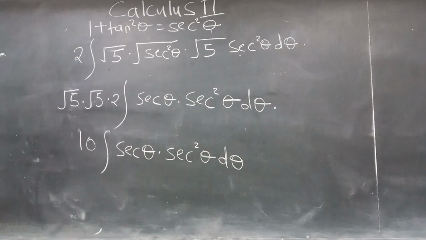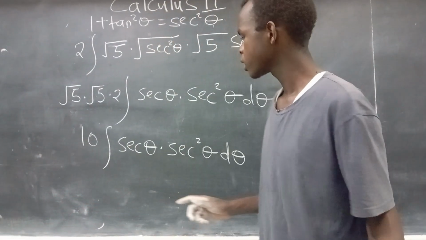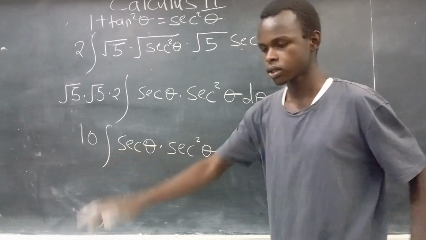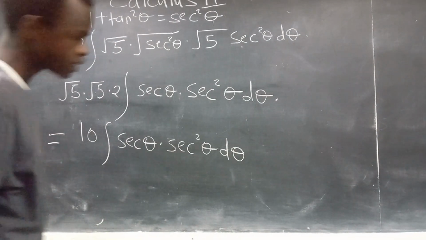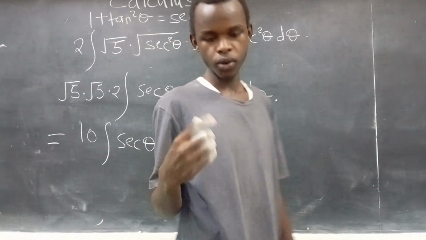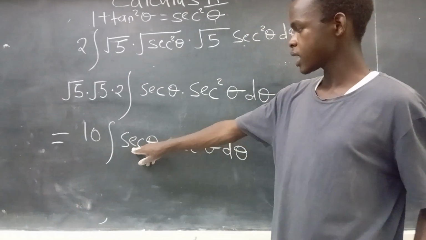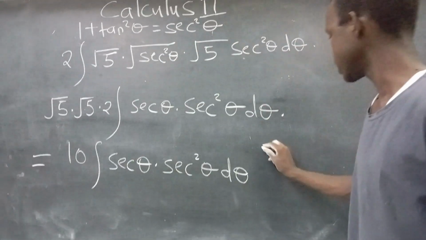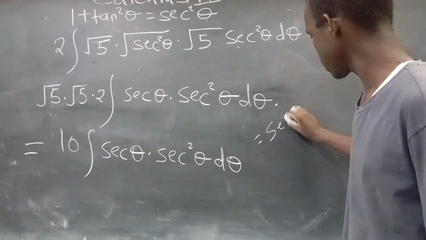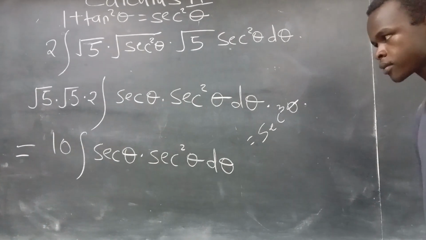Okay? So from here, I'll try to explain something. As you can see, I'm supposed to write my answer as that, right? But now, I can decide to say secant theta multiplied by secant theta, I will get it as secant cubed of theta, right?